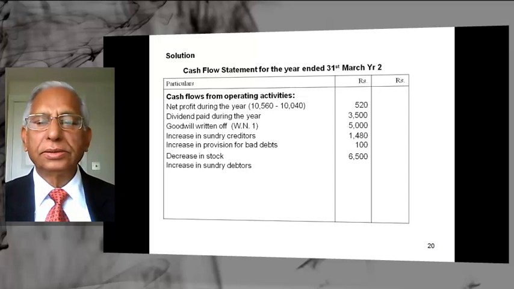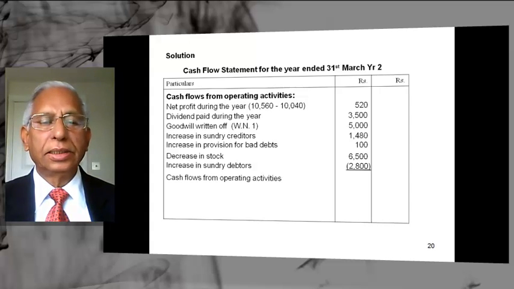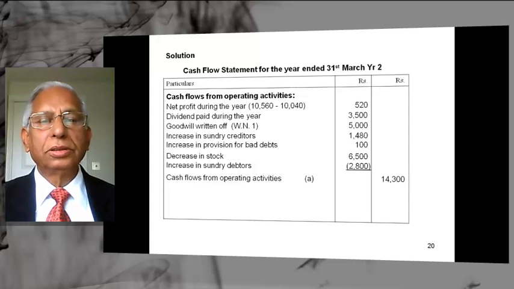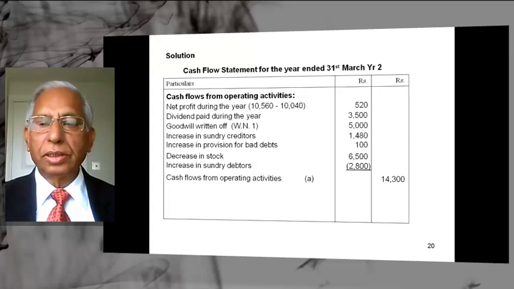Increase in sundry debtors, 2,800. Now, when all these items are adjusted, then you get cash flows from operating activities. This is segment A. Total comes 14,300. Now, this will continue further.